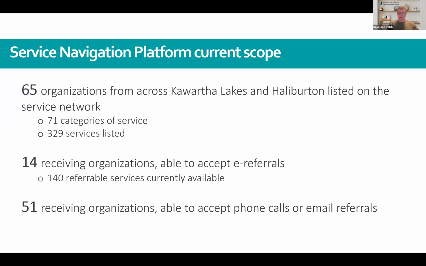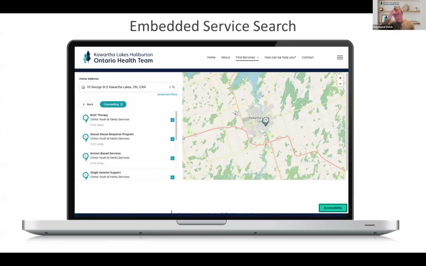And a lot of organizations are able to, of course, accept phone call or email referrals. So a lot of these resources are available through the KLHOHT website. This is just a highlight of what those look like. Again, a similar kind of map-based directory. So this can be helpful for patients wanting to self-refer themselves to services.